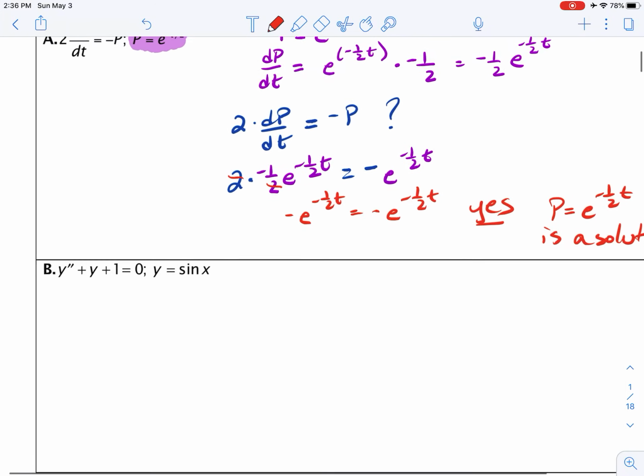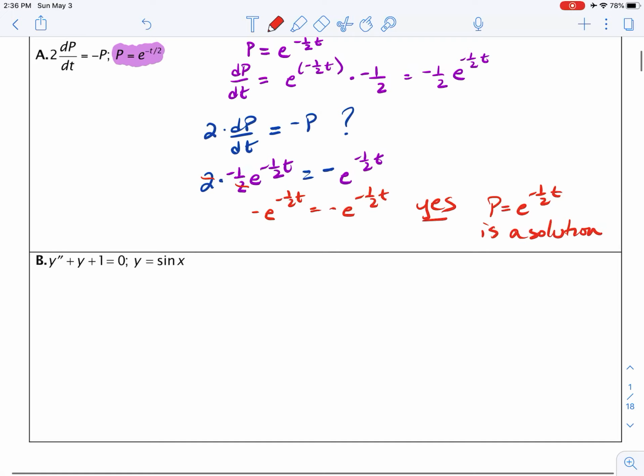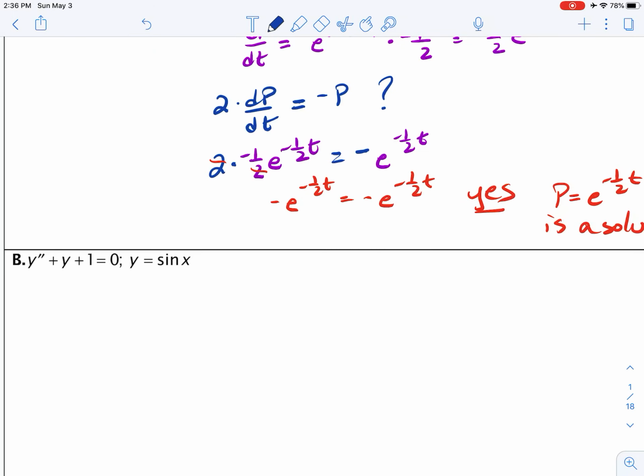Here's another example. We've got y double prime plus y plus 1 equal to 0. Is y equal to sine x a solution? So I see that I should be calculating the second derivative, and the first derivative is cosine x.